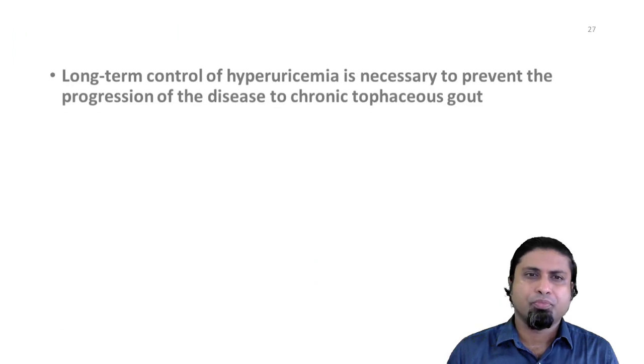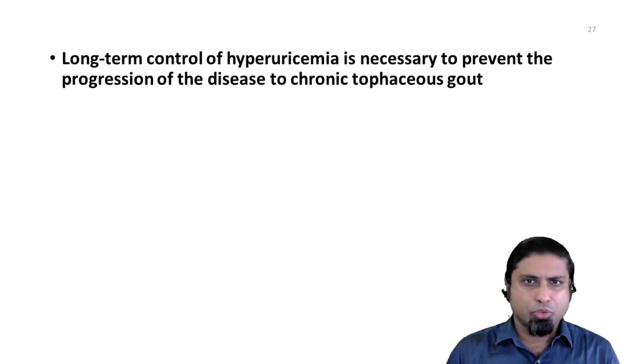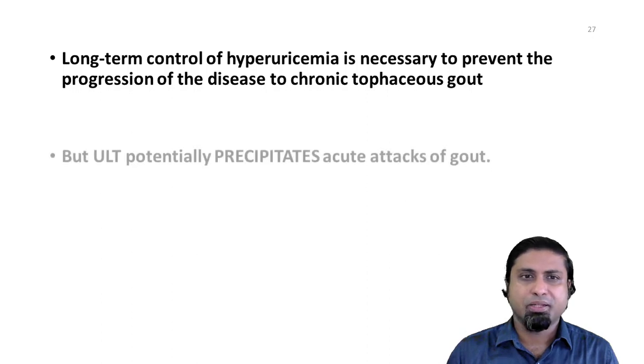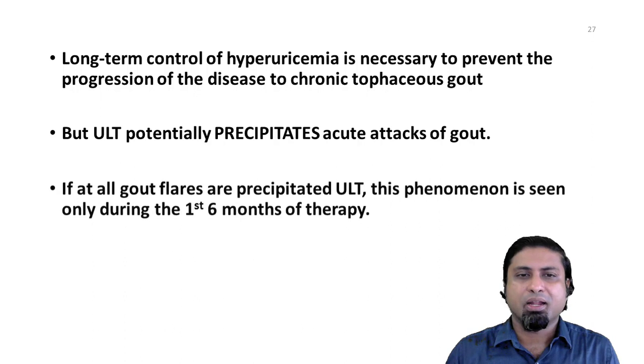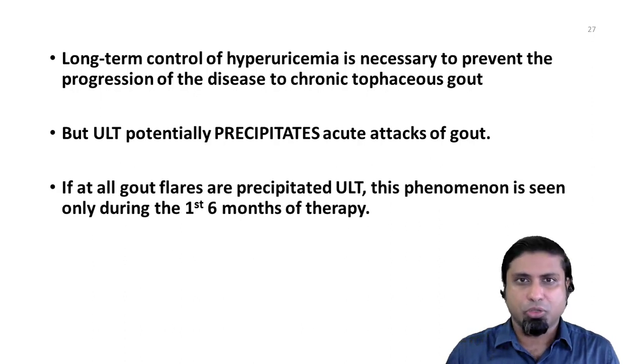So, long-term control of hyperuricemia is necessary to prevent the progression of acute gout to chronic tophaceous gout. But then, urate-lowering therapy potentially precipitates acute attacks of gout. However, we always need to remember that gout flares, if at all they occur due to urate-lowering therapy, occur during the first 6 months of urate-lowering therapy.